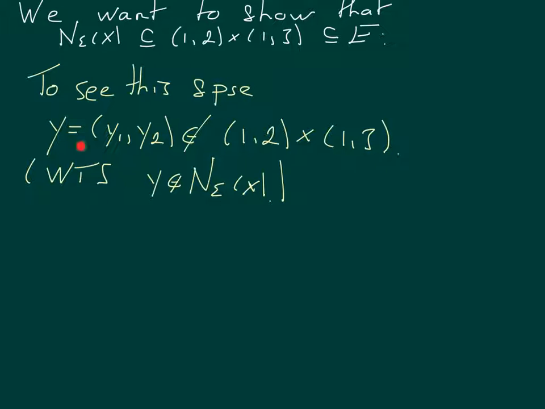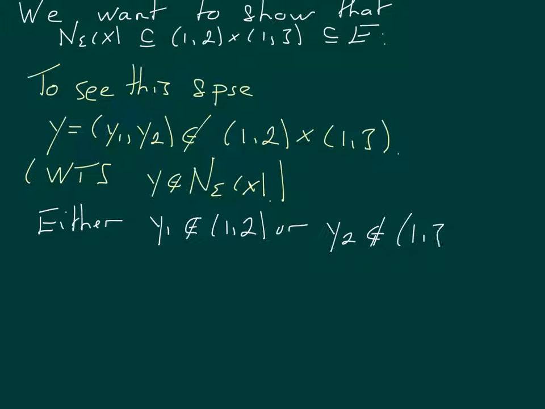Well, because our y isn't in this interval here, either y1 is not in the interval (1,2), or y2 is not in the interval (1,3). Let's write that down. So we can say either y1 is not in (1,2), or y2 is not in (1,3).